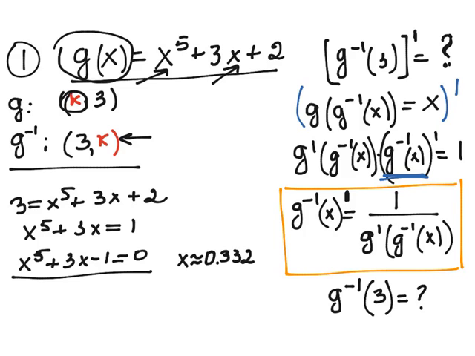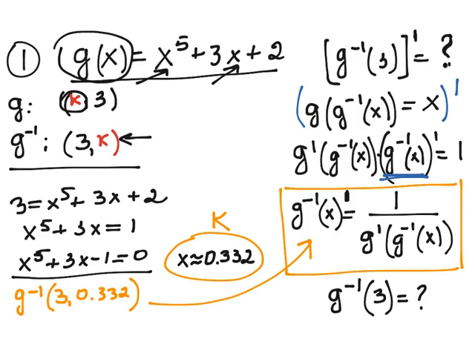So we found our k. So here it is. That's our k. So that means g inverse of 3 is 0.332. Alright, now we're going to go back to this formula, and I'll use a different page.